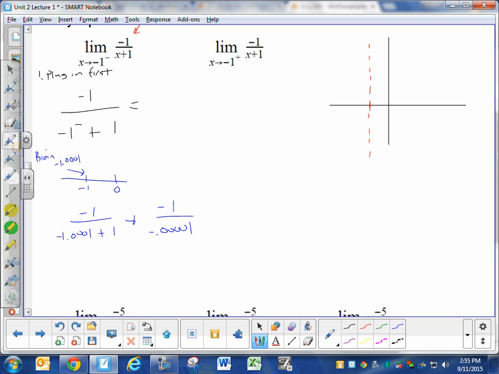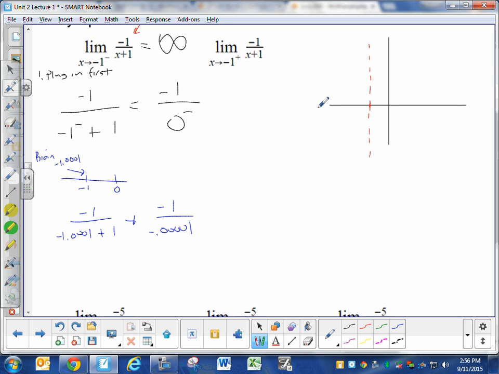Well, that will allow me to say, oh, this is like -1 over something approaching 0 from the left, something infinitely small and negative, which is telling me, knowing that a constant divided by something infinitely small, and knowing that a negative divided by a negative is a positive, that this function is going to be trending towards infinity to the left of -1.